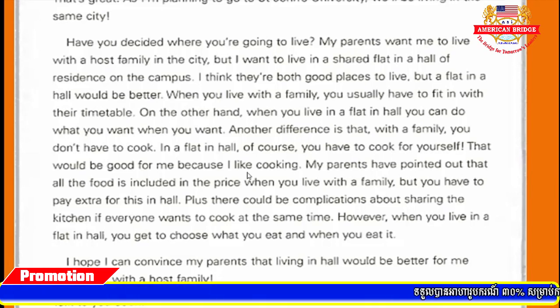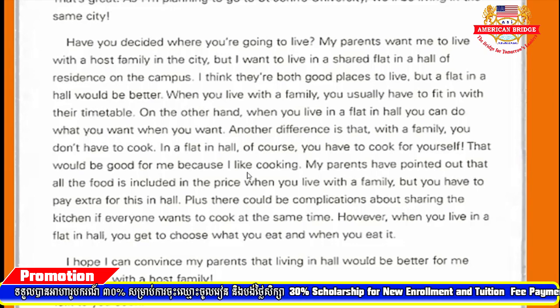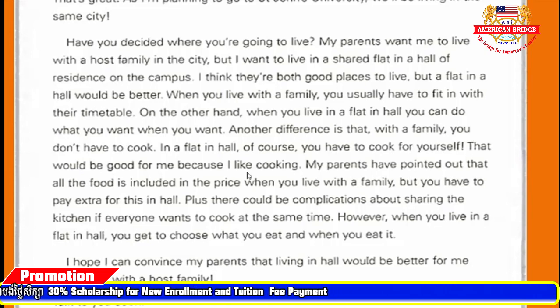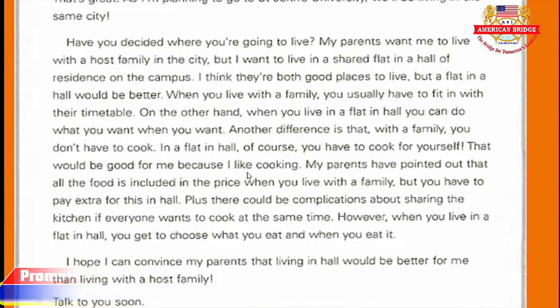Plus, there could be complications about sharing the kitchen if everyone wants to cook at the same time. However, when you live in a flat in hall, you get to choose what you eat and when you eat. I hope you can convince my parents that living in hall would be better for me than living with a host family.